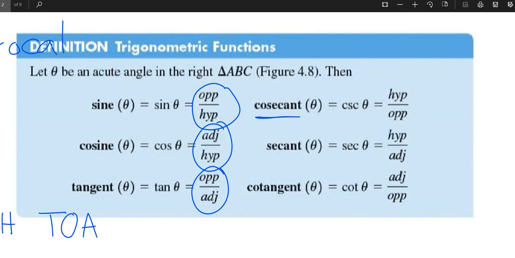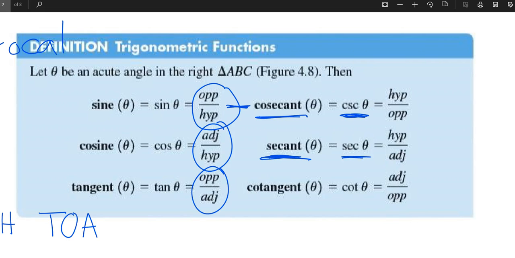So cosecant goes with sine. These two go together. And we abbreviate it CSC. In fact, I'll just let you write these down.